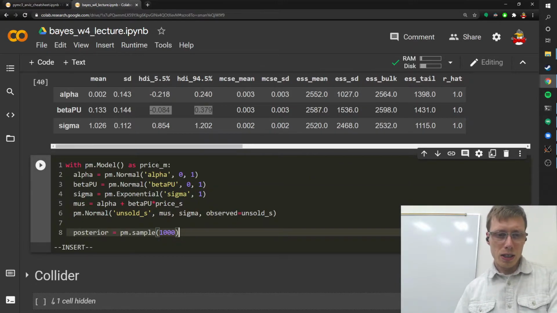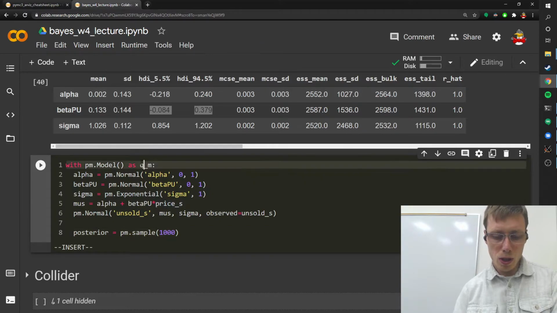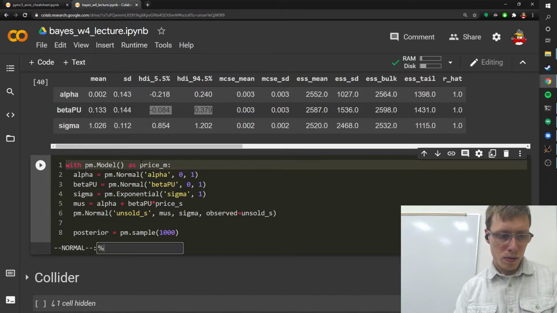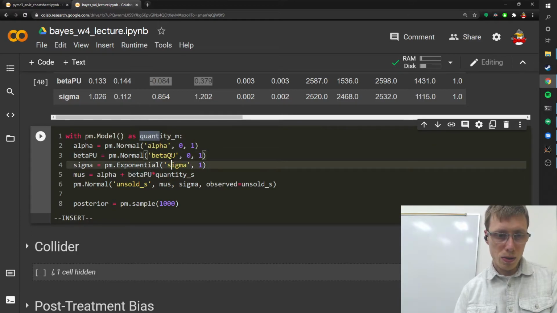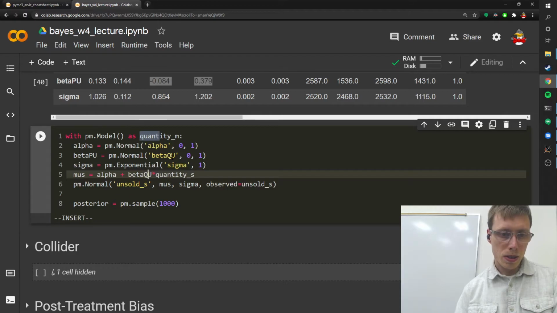Meanwhile, let's do it for the quantity instead of price. Let me just switch this to be quantity. And I've got to change these to be Qs to be consistent.